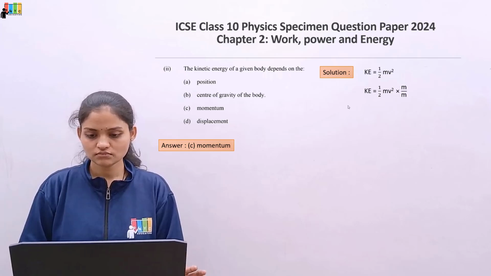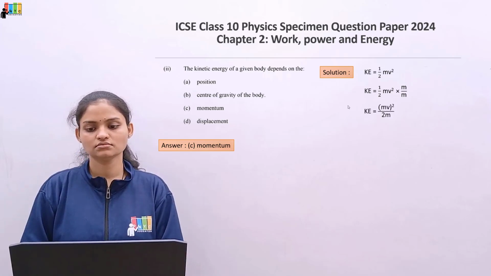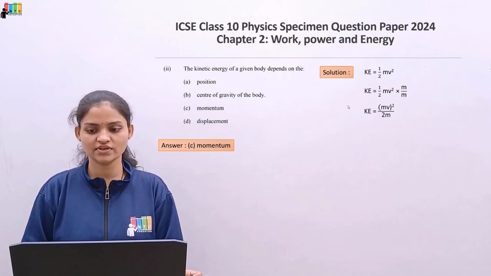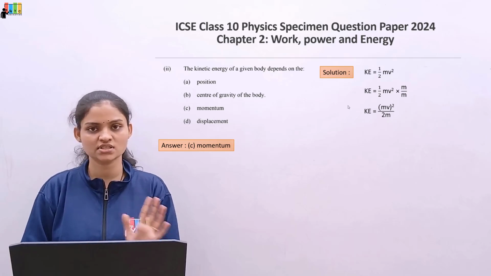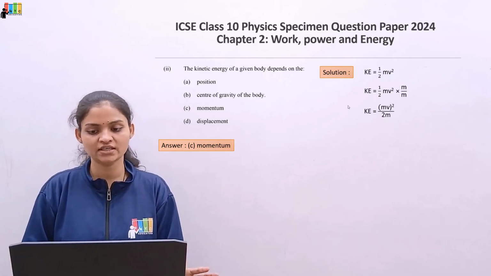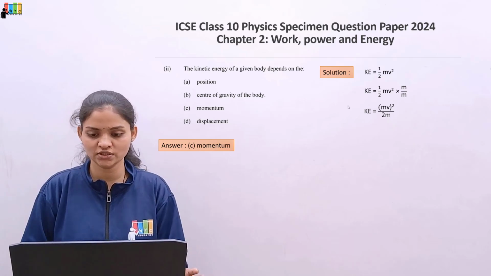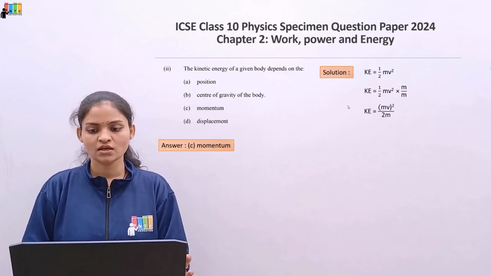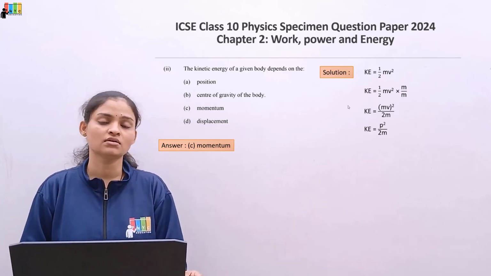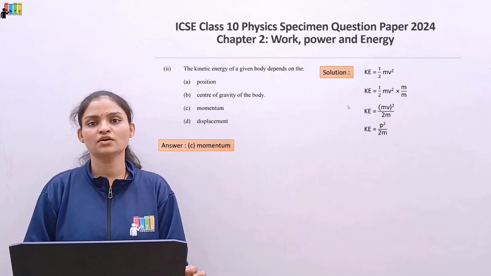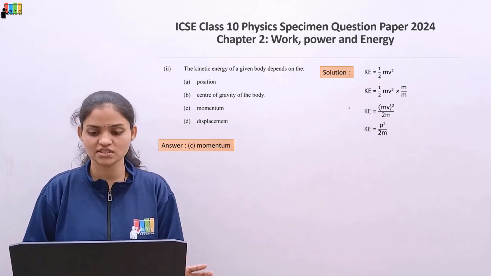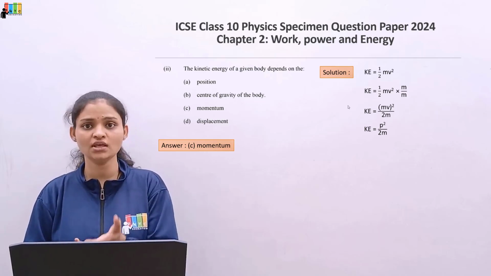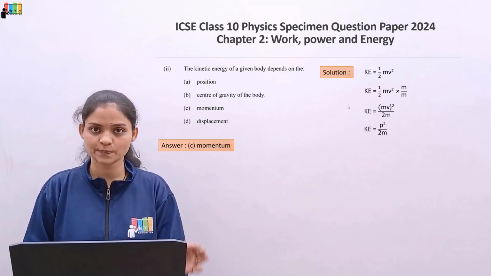So what will be the formula? The numerator will be mv whole square, mass into mass and velocity square, and in the denominator it is 2m, 2 times the mass. As we know that momentum is equal to mass into velocity, we can replace mv by momentum, that is p.